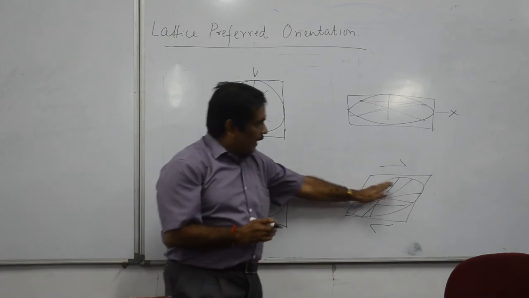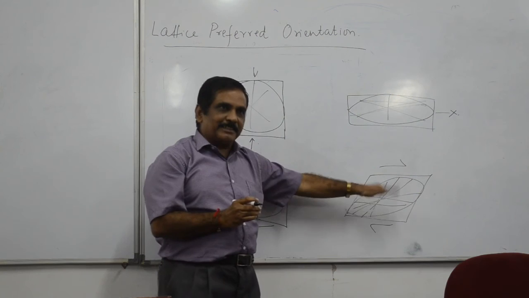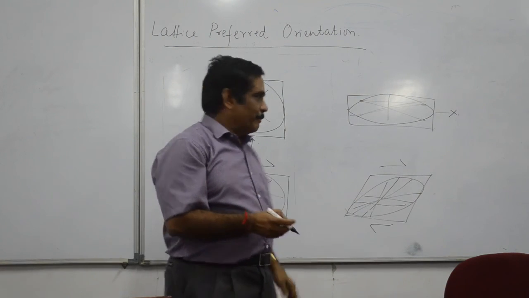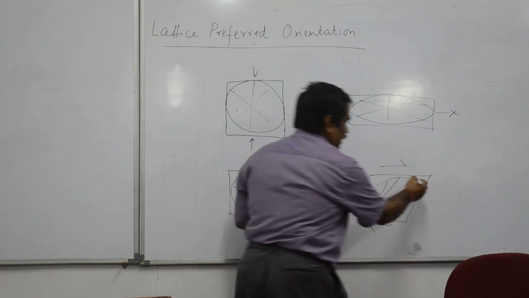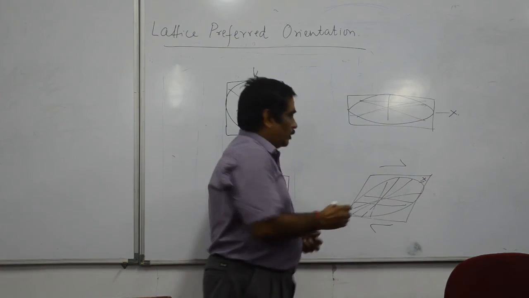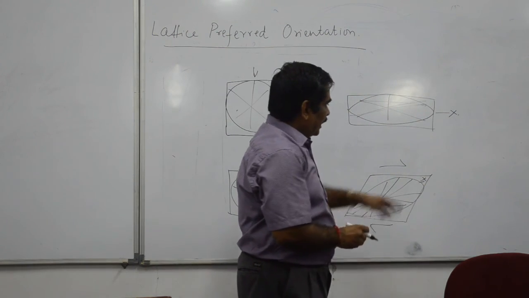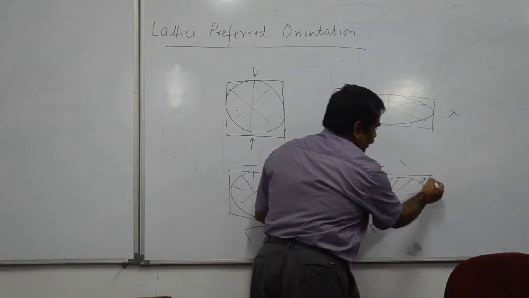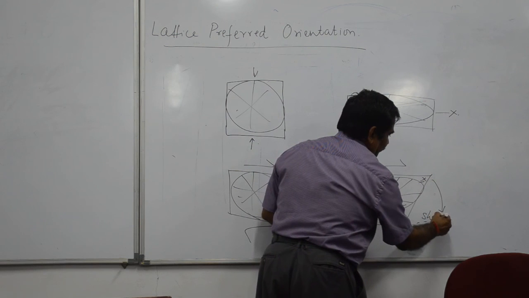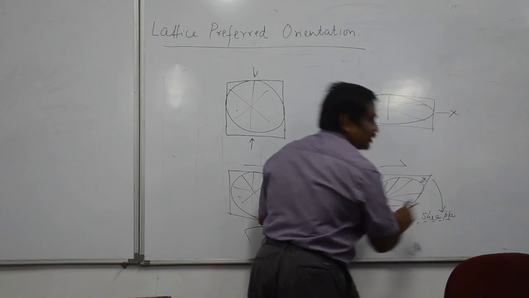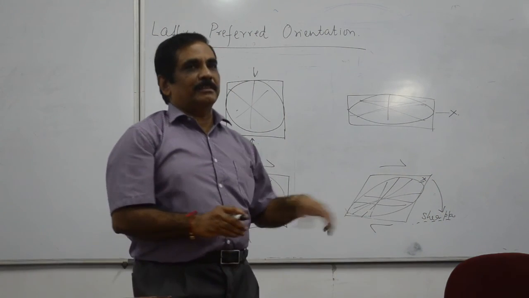And gradually this ellipse will tilt like this. But lines will be stretched towards this long axis. This is the z. X. And gradually this x will rotate. Gradually this will go towards this shear plane. This is the shear plane.